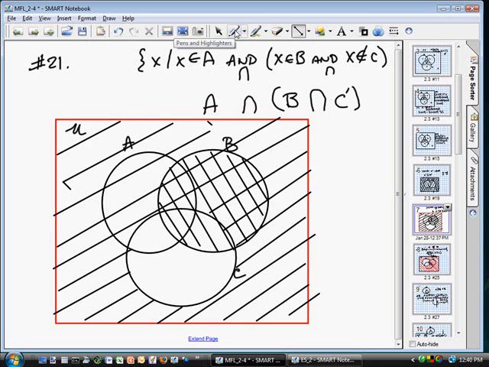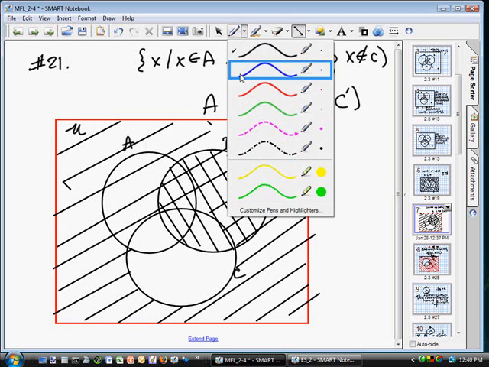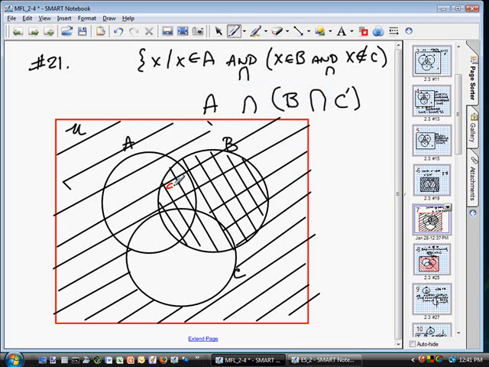I have to think about what to do. Can't remember how to do this on here. Anyway, the answer would be this crazy thing. So that would be the final result. We started running out of directions to shade, but okay.